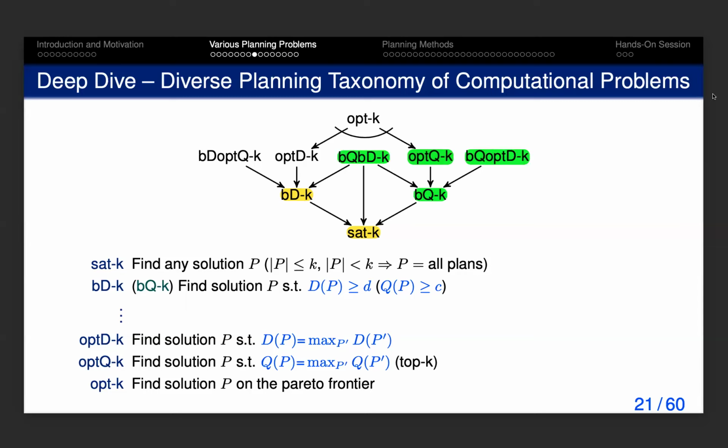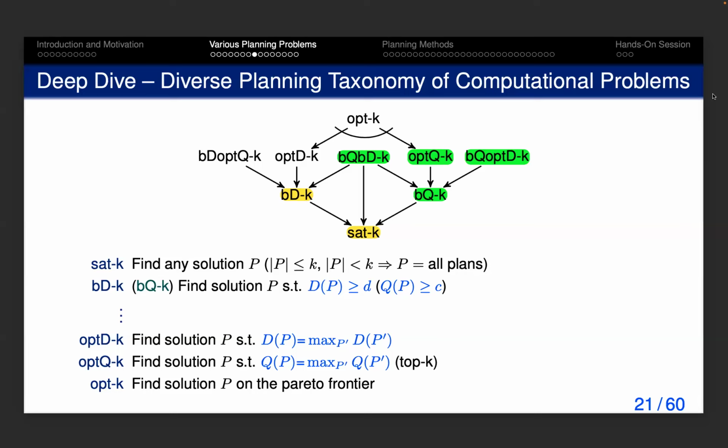Now, what we introduced in 2020 are highlighted in green. So we introduced a number of different planners and approaches that address one of these. One thing I want to highlight before I pass it to Michael is that many of the diverse planning approaches in the literature took diversity metrics or quality metrics into account within their computation.